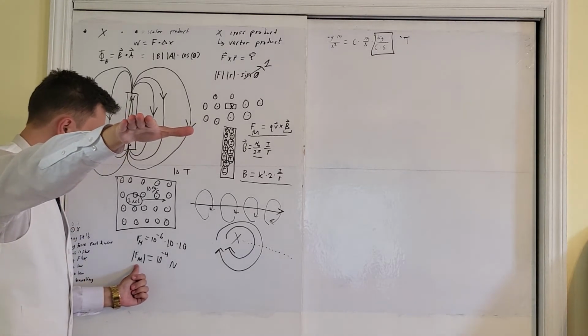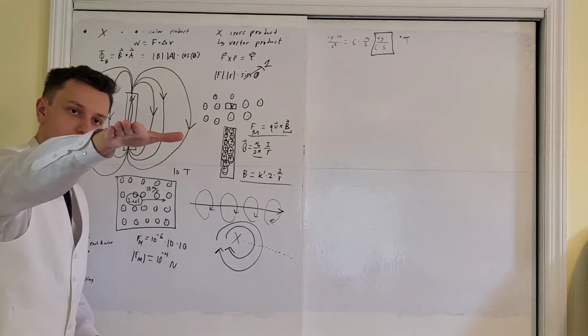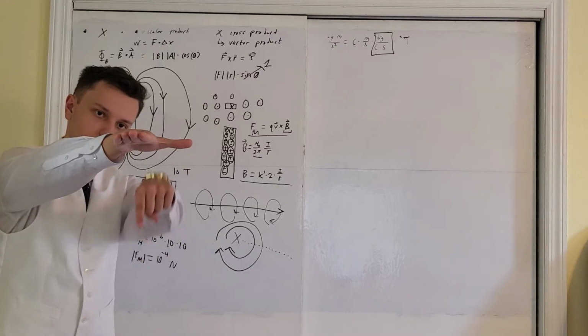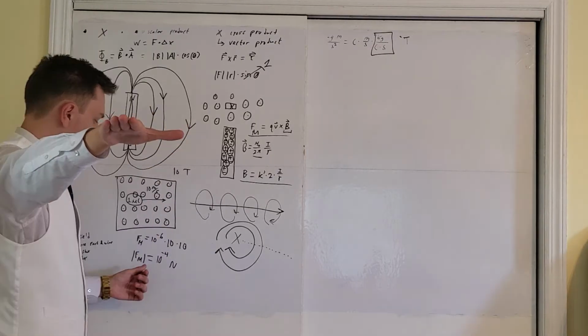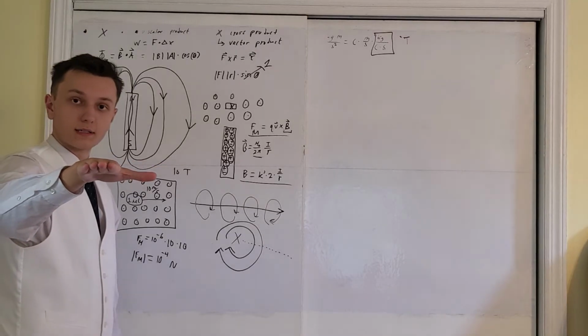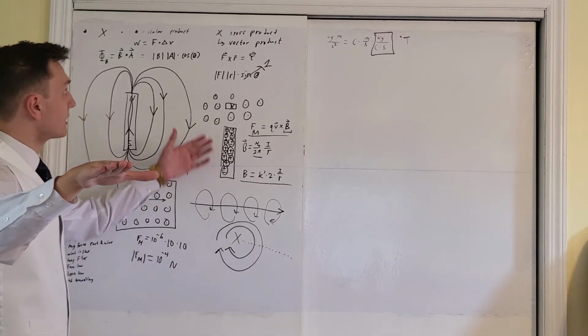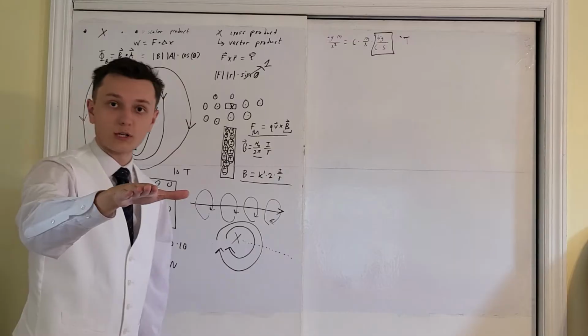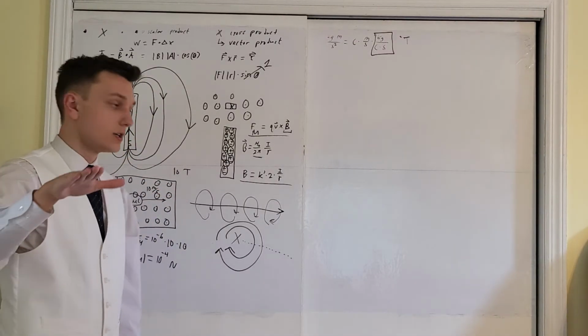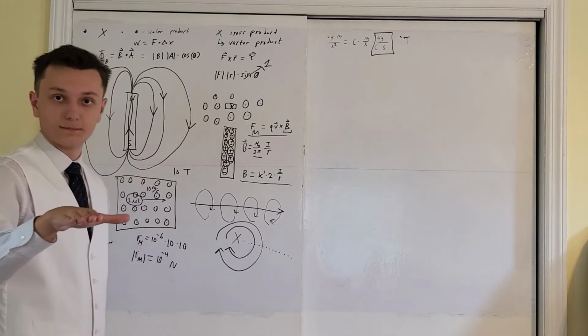Therefore, the magnetic force vector is the direction in which my palm points. In this case, my palm is pointing directly downward. That is the direction of my magnetic force. Now recall how this is exactly what I was telling us when I covered the cross product. The cross product determines a vector that is perpendicular to the first two, okay?